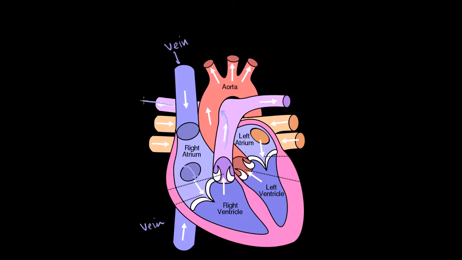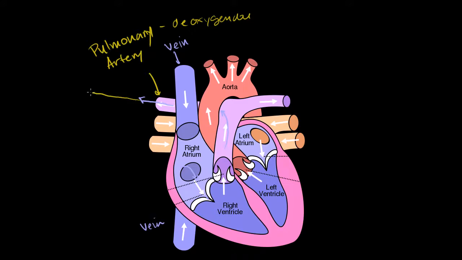Deoxygenated blood, it goes to the lungs to become oxygenated. So this right here is the pulmonary. I'm using the word pulmonary because it's going to or from the lungs, or it's dealing with the lungs. And it's going away from the heart. It's the pulmonary, sorry, the way is artery. Pulmonary artery. And it's deoxygenated.